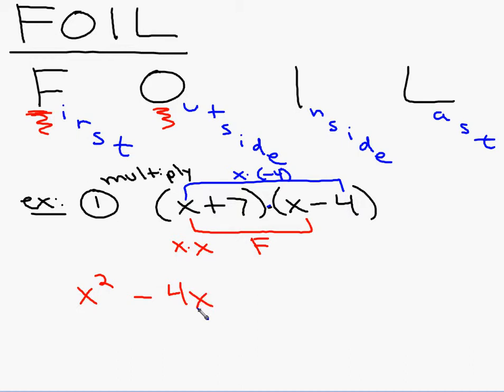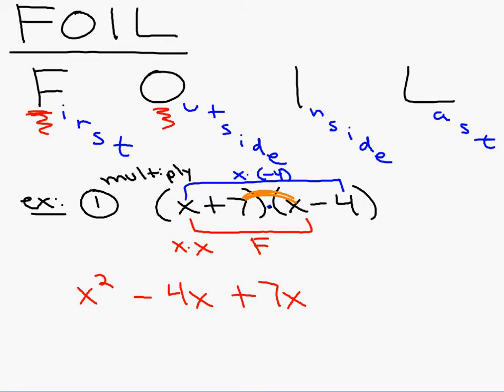That's the next part. Then I'm going to multiply the inside terms, which will just be these two. So if I multiply 7 times x, that's 7x. So that is a positive 7x, so I need to write plus 7x because we are actually adding or subtracting each of these terms.